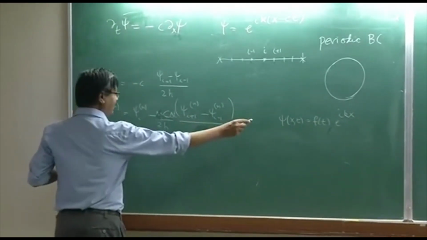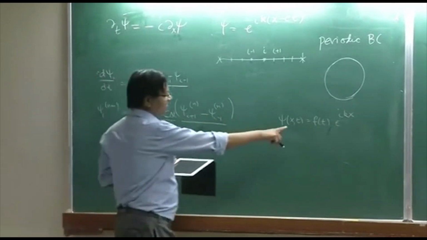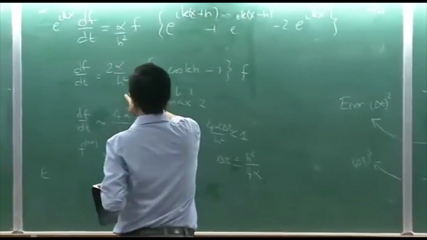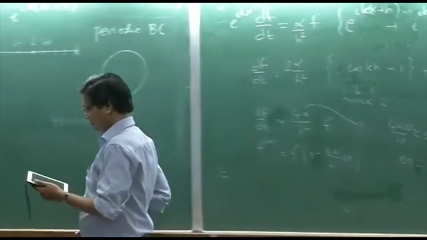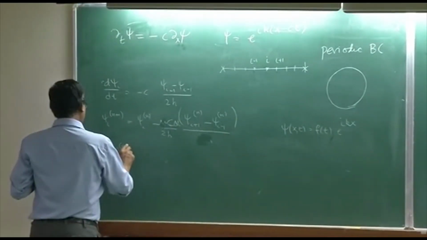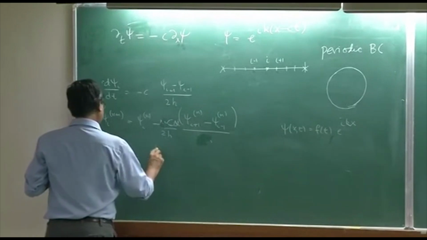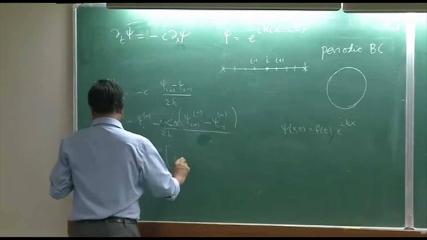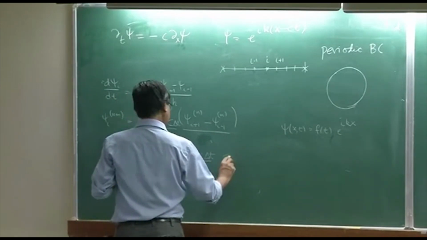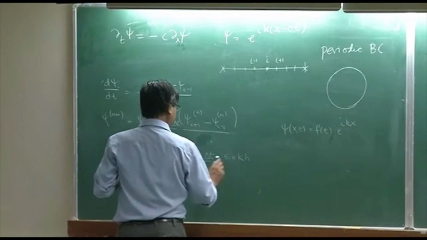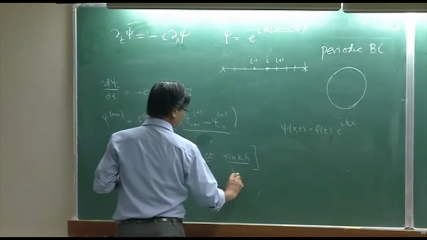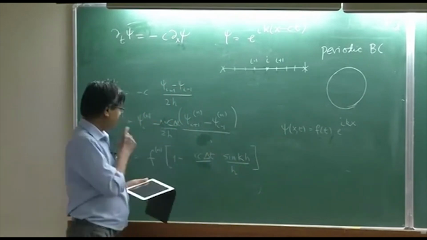So I can write the equation for f, exactly what I did here. This equation comes out to be f^(n+1) equals the expression. Okay, so this is the equation for f.